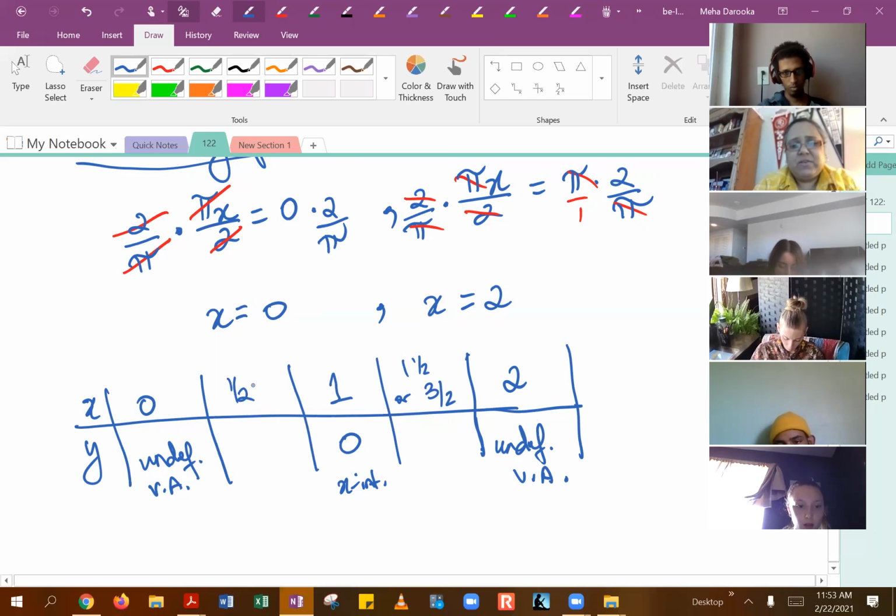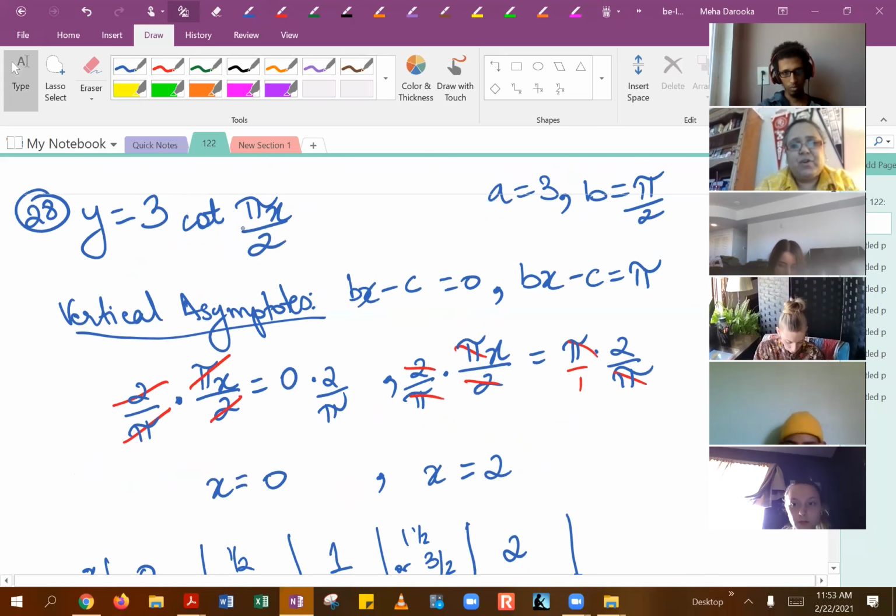Now take these values of 1/2 and 3/2 for your x and put it into the original equation of y equals 3 times cotangent of pi times x over 2, and try to figure out what those y values are going to be.